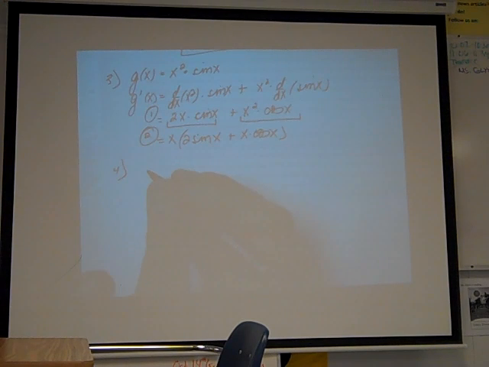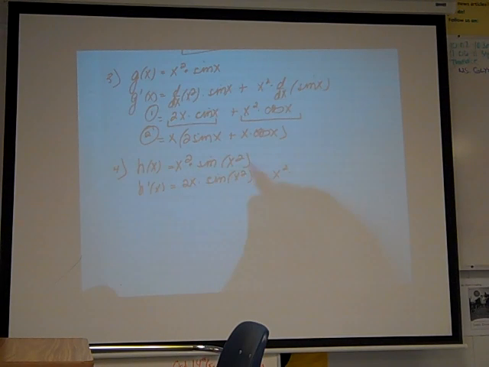All right, number 4. H of x equals x squared times sine of x squared. Again, that multiplication means to me we're going to be doing a product rule problem. So h prime is derivative of x squared, 2x, times, leave the second one alone, plus, now we leave the first one alone, times the derivative of sine of x squared.